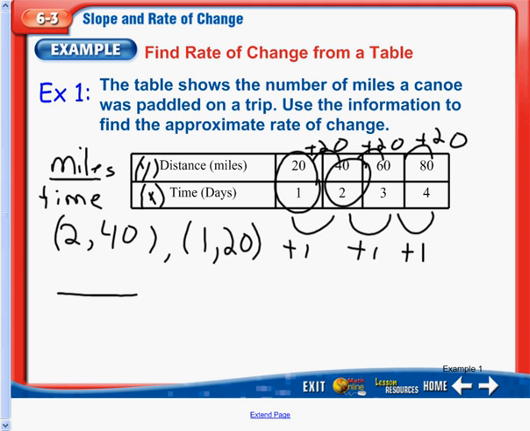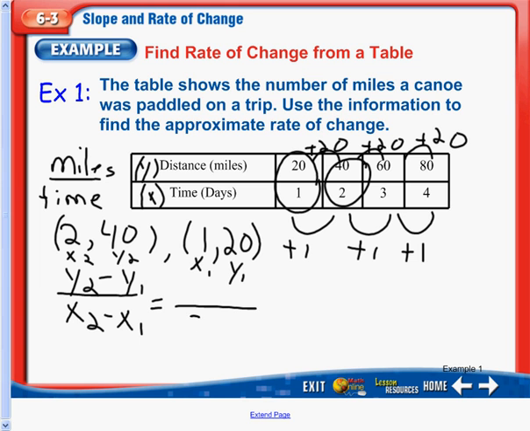To do our change in y over change in x, we have to compare one y point to the other, the difference between them, and do the same order with our x. We're comparing the second x point to the first. So we're going to label this first point as x2, y2 up top here, and this one is x1, y1, because then it'll work out a little better, and we'll get positive answers.